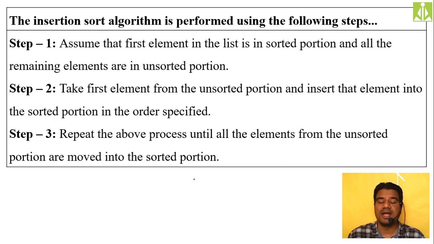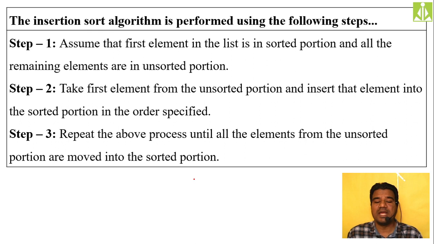Assume that first you divide the given list into two portions: an unsorted sublist and a sorted sublist. Initially, we do not have anything in the sorted sublist because we have not applied any sorting technique.